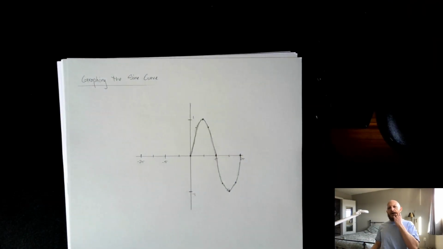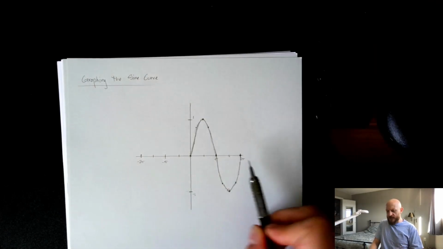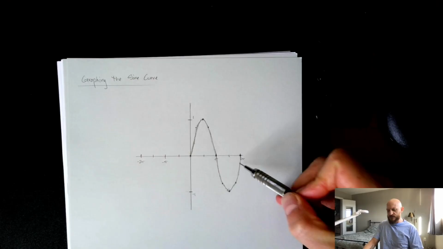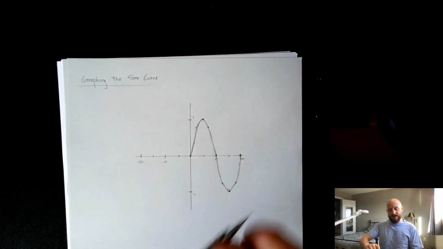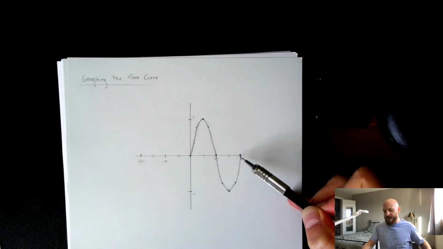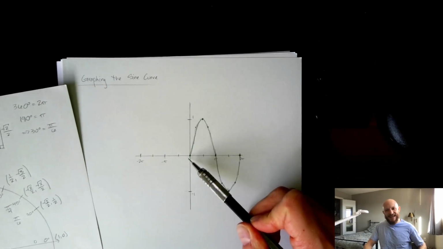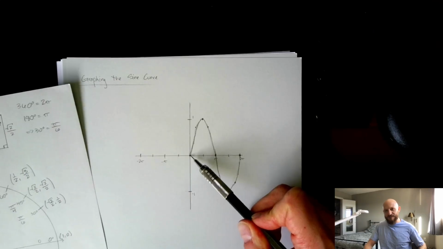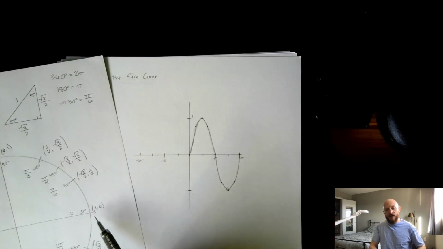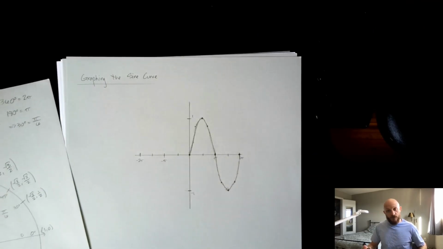So this is one period of the sine function, and if we were to extend this further out, it's just going to continue because it's periodic. It just circles back on itself. So right here at 2 pi, this is equivalent to being here at the beginning again. It's just going to repeat itself because 2 pi is equivalent to 0 degrees, or 0 radians.